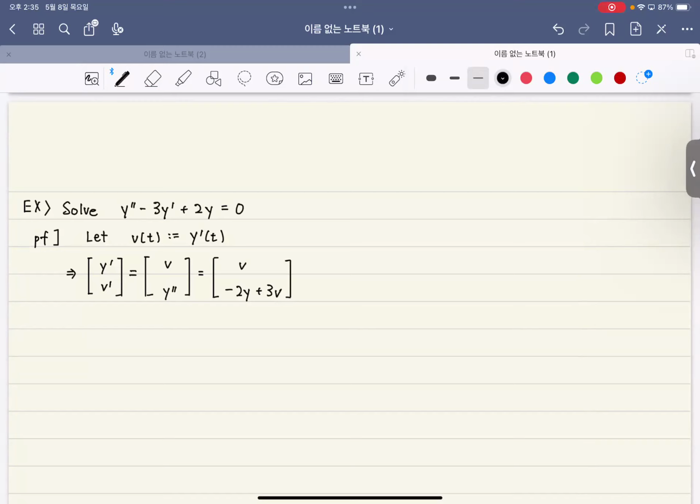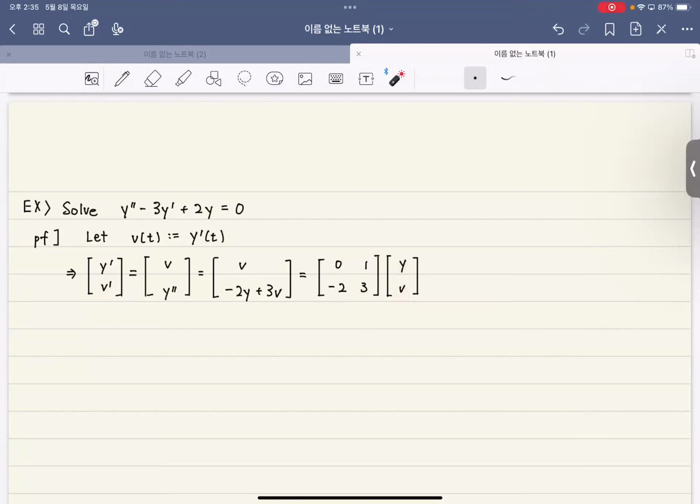So this is the matrix 0, 1, -2, and 3 times y and v. So y prime, v prime is some matrix times y and v.